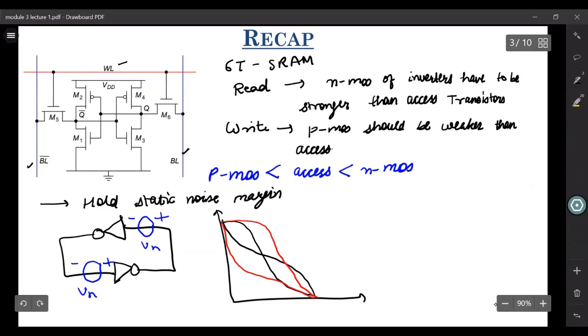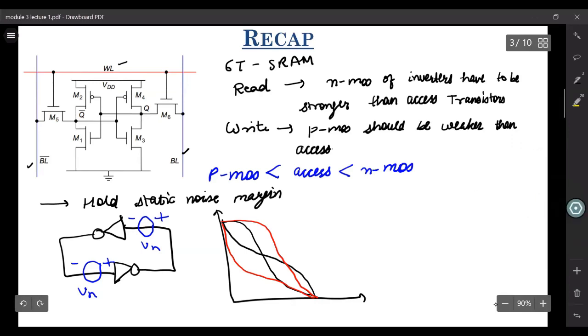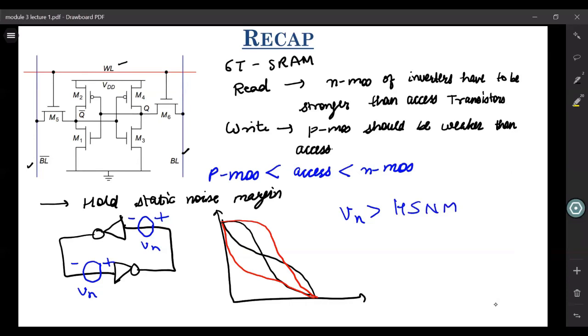And if we further increase the noise Vn beyond this HSNM, then we would end up with only one intersection point, and that has to be the opposite state.